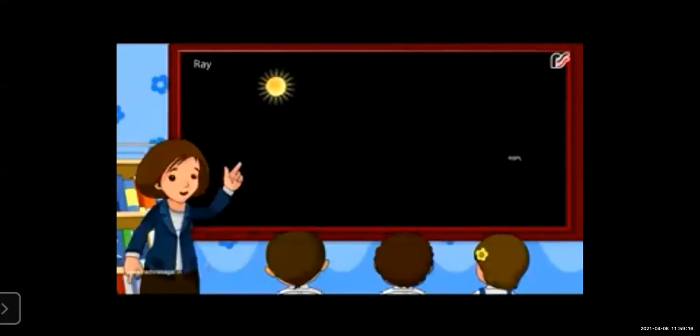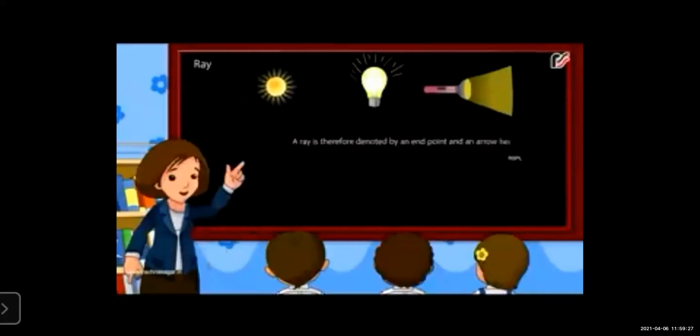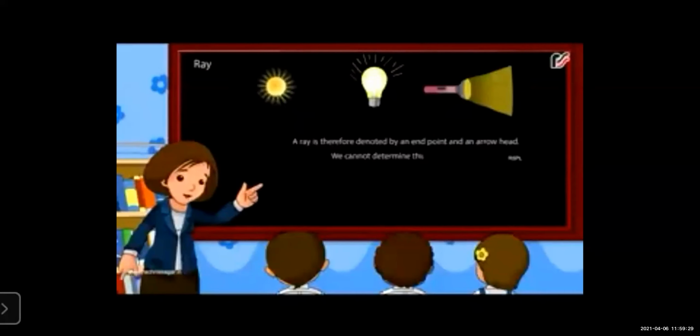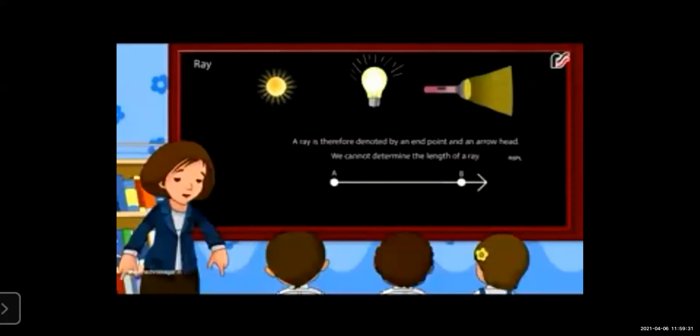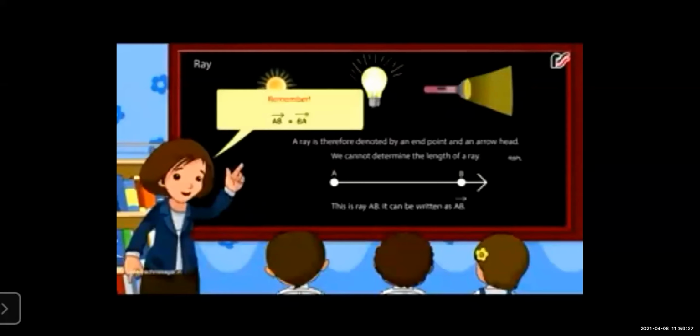Ray. Observe the sun, a torch, and an electric bulb. Rays of light are given out from them. A ray is therefore denoted by an endpoint and an arrowhead. We cannot determine the length of a ray. This is ray AB.